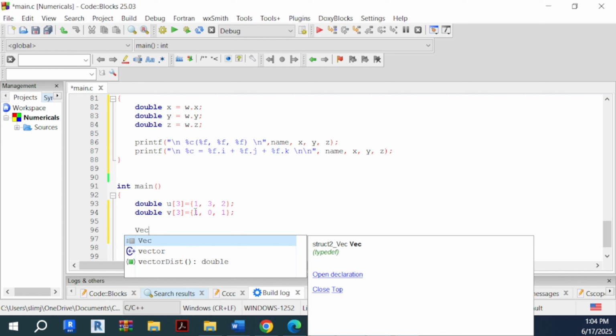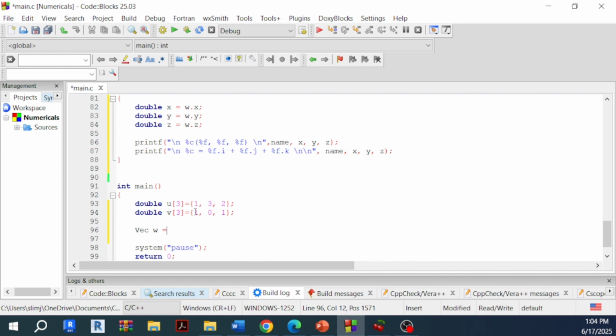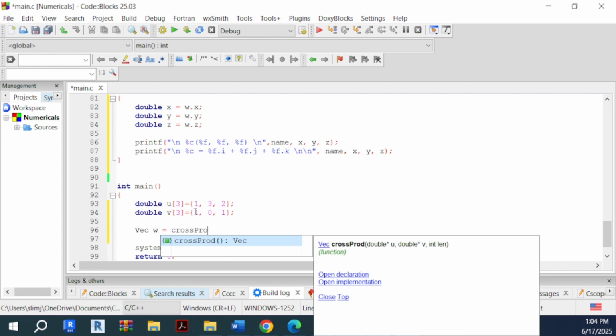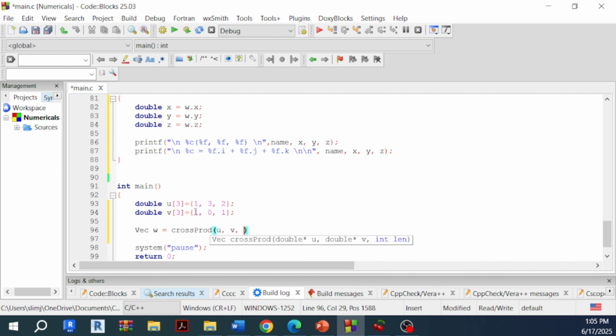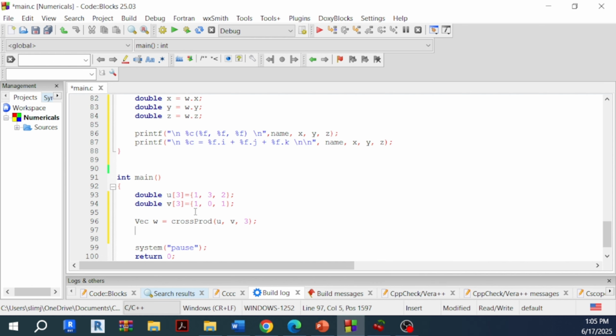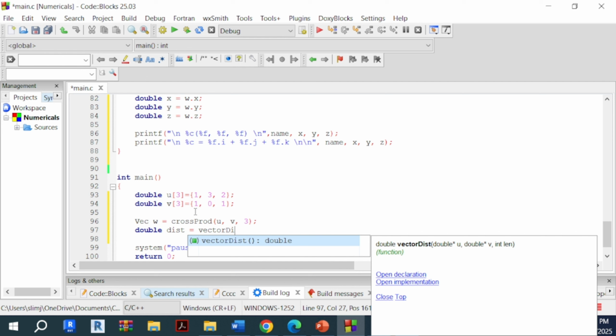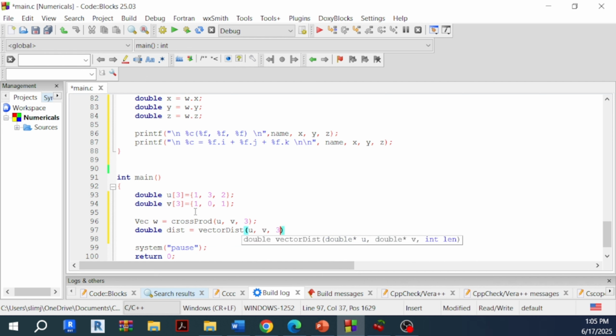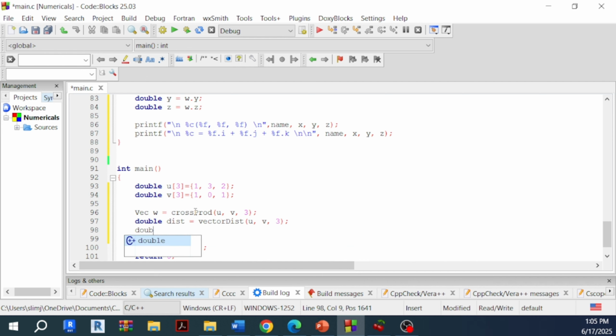Vec w, let's start with this, equal to crossprod of u, v, 3. Double dist is equal to vector dist of u, v, 3. The angle, double a, is equal to angle of u, v, 3.